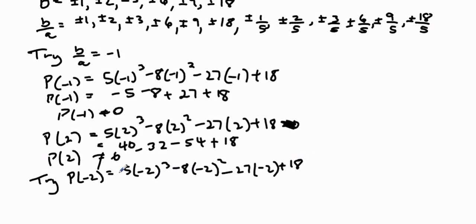So this is going to be negative 40, this is going to be negative 32, this is going to be positive 54 and positive 18, and that adds up to 0. So p of -2 does equal 0 in this case.